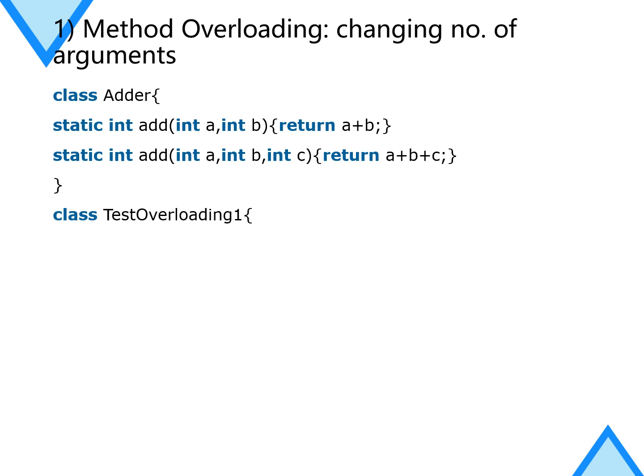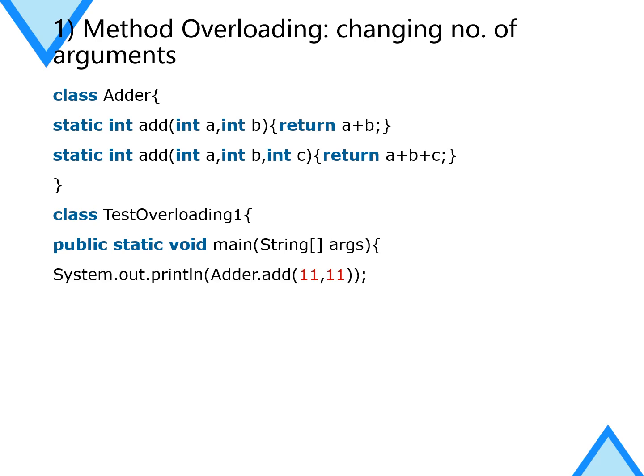Now we have another class, TestOverloading1, and this class has the main method. If we want to save this program, we will keep the name TestOverloading1. We are going to call the overloaded method through an object of the class Adder.